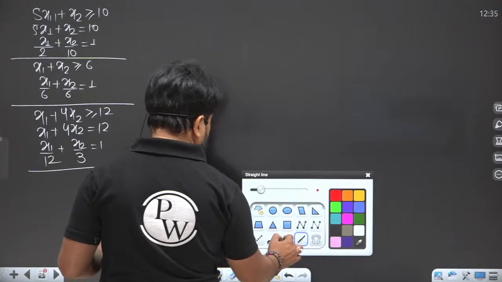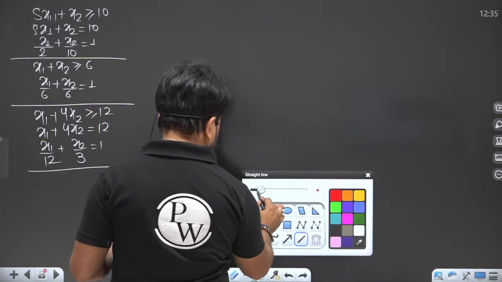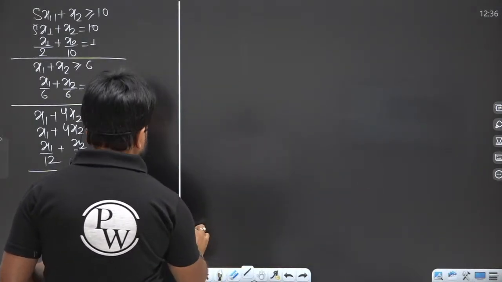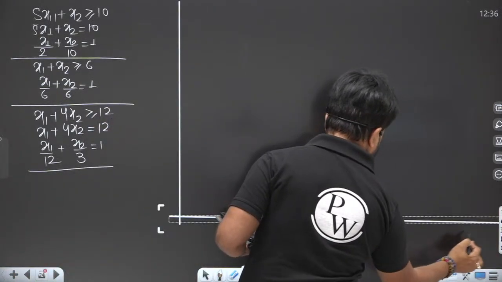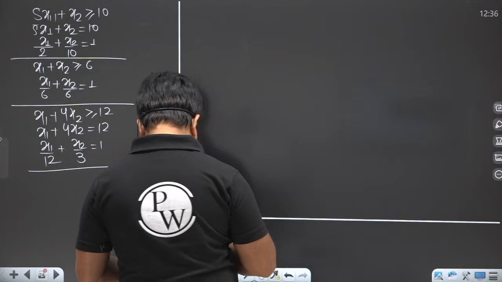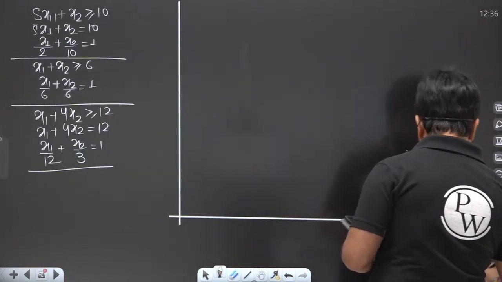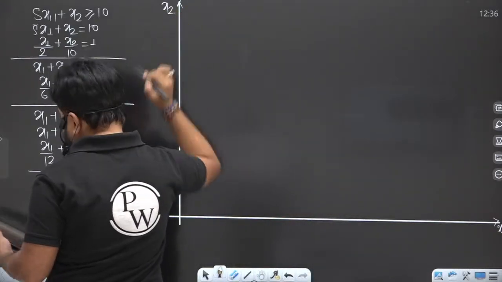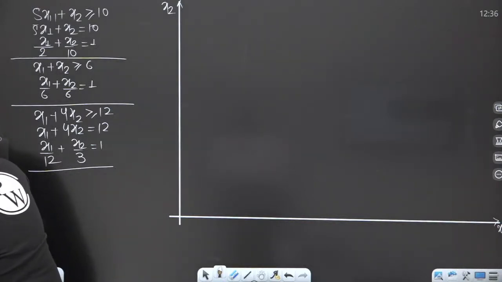Now my dear, draw the graph. By the graphical method, solve. Let's say this is x1 and this is x2.